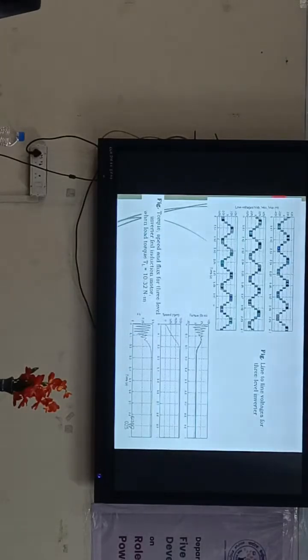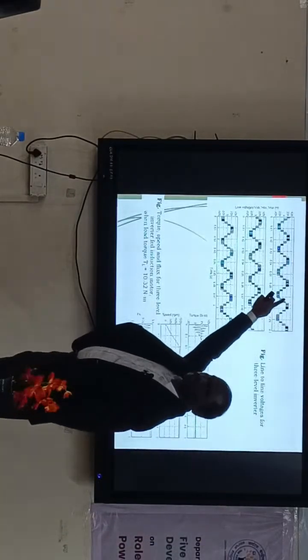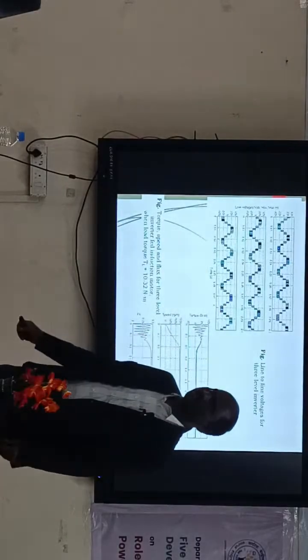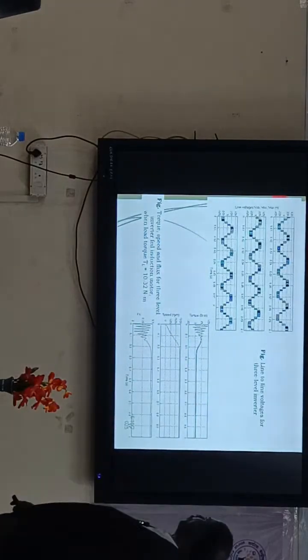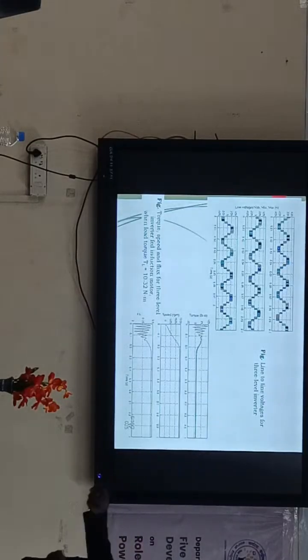And the results, you see, this is the line-to-line voltage of the 3-level inverter. You see these pulses, this is only because of the rotation of the vector. So this is the 3-level line-to-line voltage. When an induction motor is connected, with speed and flux, with a load of 500 meter, we implemented it on that.